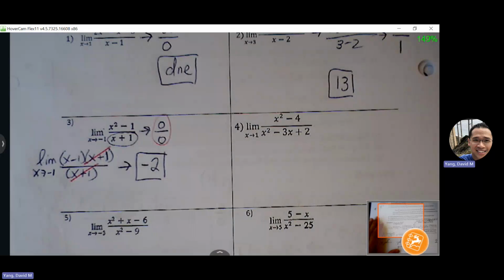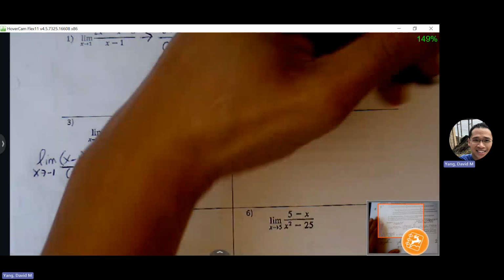All right, number 4. It may look factorable to you, but we don't want to skip the first step, right? Let's gather information. Let's do direct substitution.